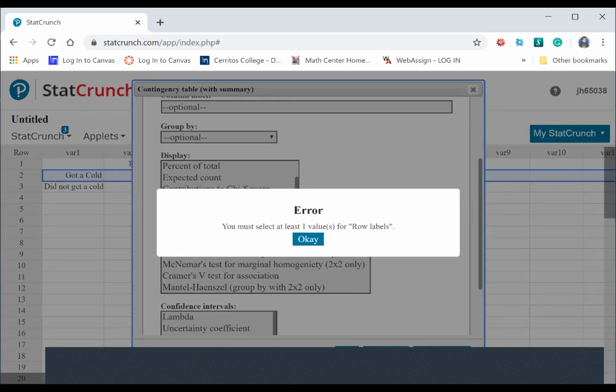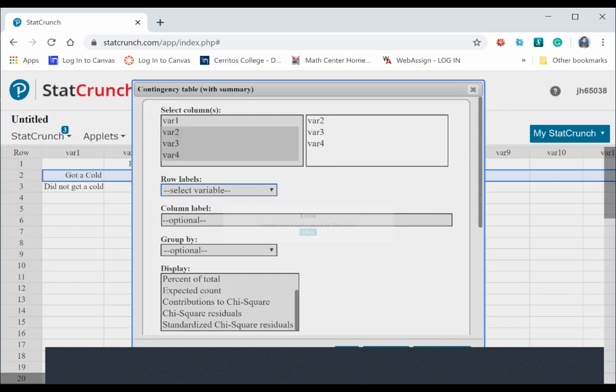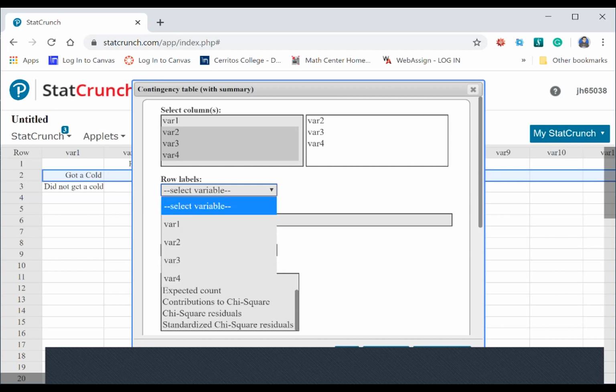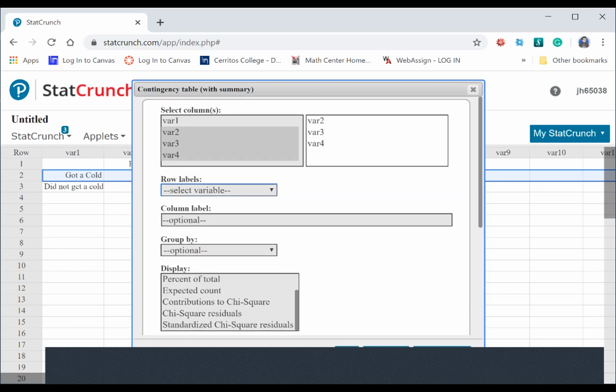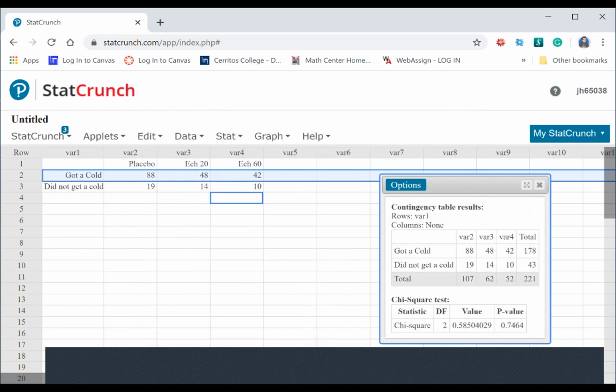You must select at least one value for row labels. Okay, so select row labels. R1. It's just not giving me whatever. Compute. What is it telling me? Those are the totals.